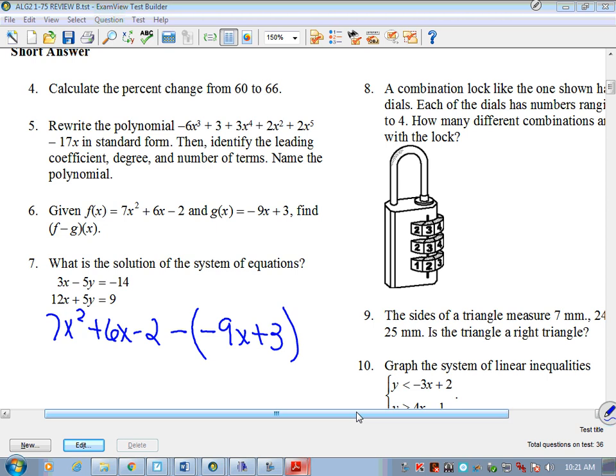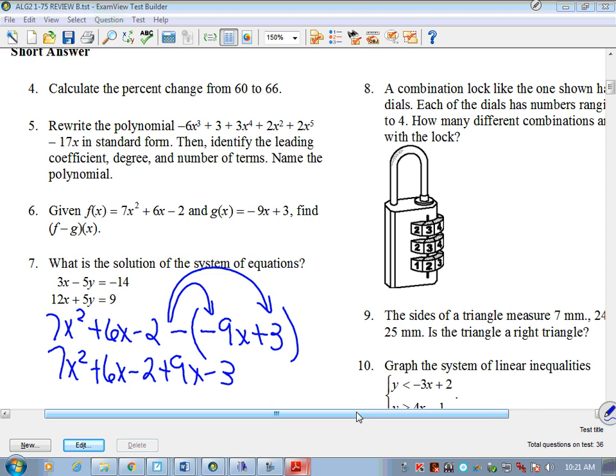Which the only thing I would change then is the sign of the 9x, right? But if I put parentheses around it, now I know to distribute the negative to both terms, okay? So I'm going to put a negative in here and here. So I'm going to change this to 7x squared plus 6x minus 2 plus 9x minus 3. The biggest thing that folks forget to do with this is distribute the negative to the 3.